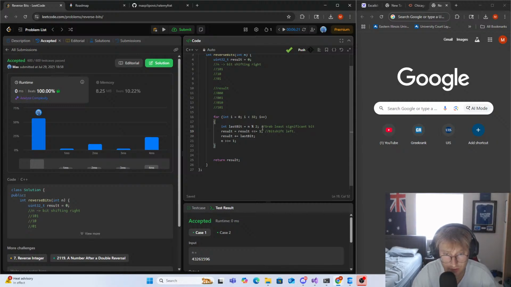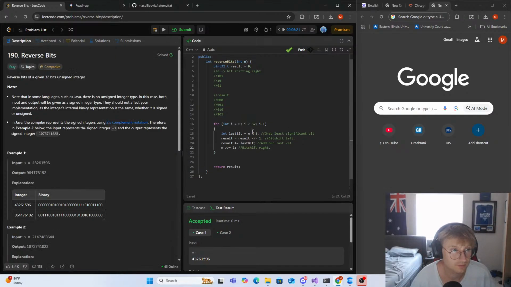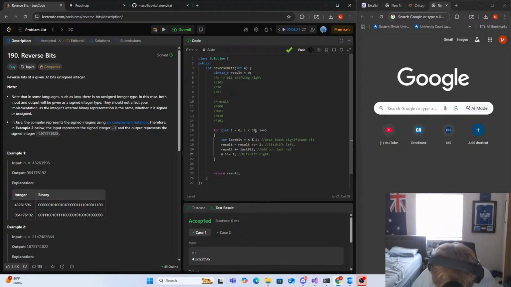Bit shift left, add our last val, and then we bit shift right. I gotta write this down, because a small peanut brain like me needs to write my stuff down. Helps you remember the problems too, especially these earlier ones, the way I thought about it and the way I solved it.